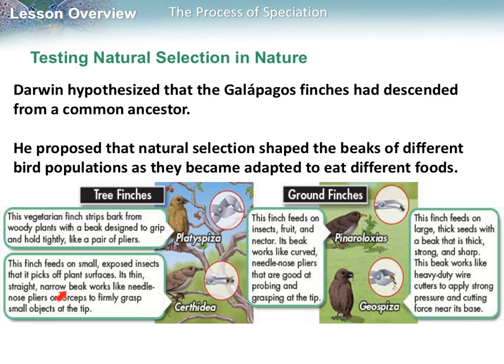It has a thin, straight, narrow beak like needle-nosed pliers. Then we have two species of ground finches. We have one that feeds on insects, fruits, and nectar. It has a curved beak to probe and grasp at the tip. And then we have another ground finch that feeds on large, thick seeds, and its beak is thick, strong, and sharp, like wire cutters.